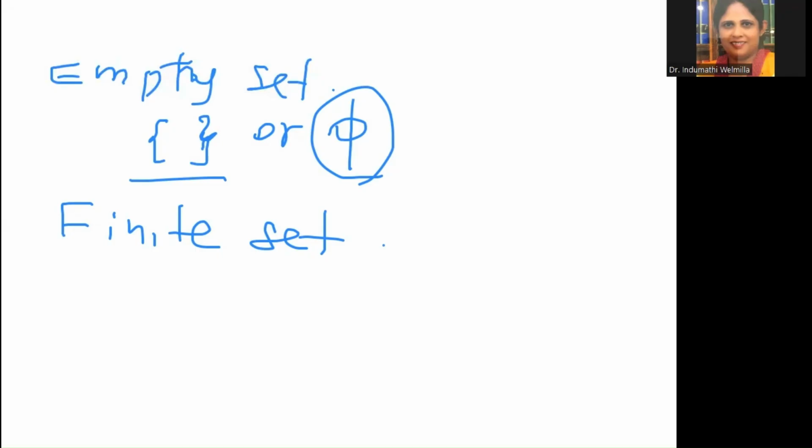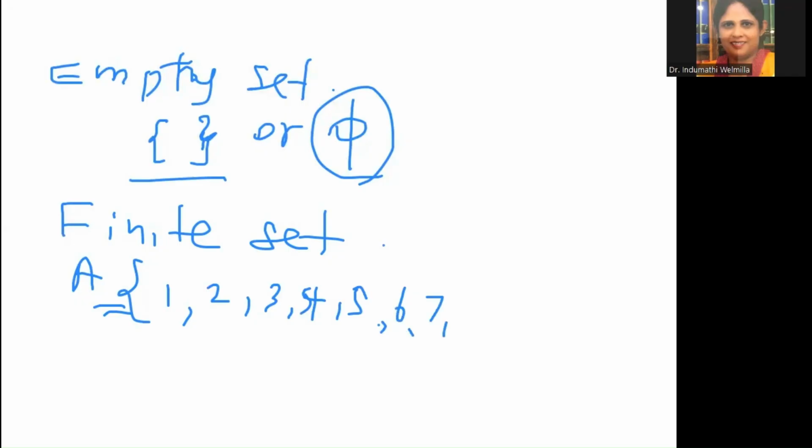Example: the set of natural numbers up to 10 is a finite set. We can write it as 1, 2, 3, 4, 5, 6, 7, 8, 9, 10. So what is the opposite of that? The infinite set.